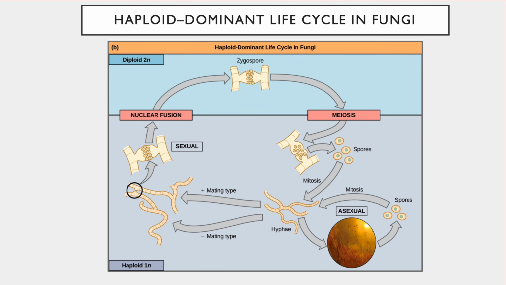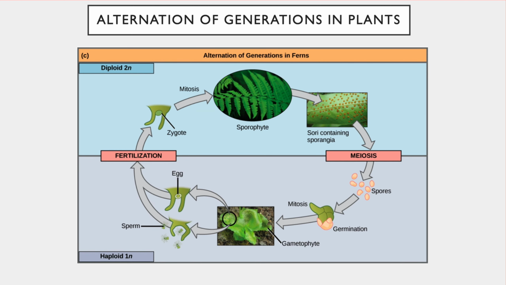The last life cycle we're going to talk very briefly about is in land plants. And land plants have a life cycle that we actually specifically call alternation of generations. And the particular plant that you see here is the fern. And the generations that we alternate between are called sporophyte and gametophyte.